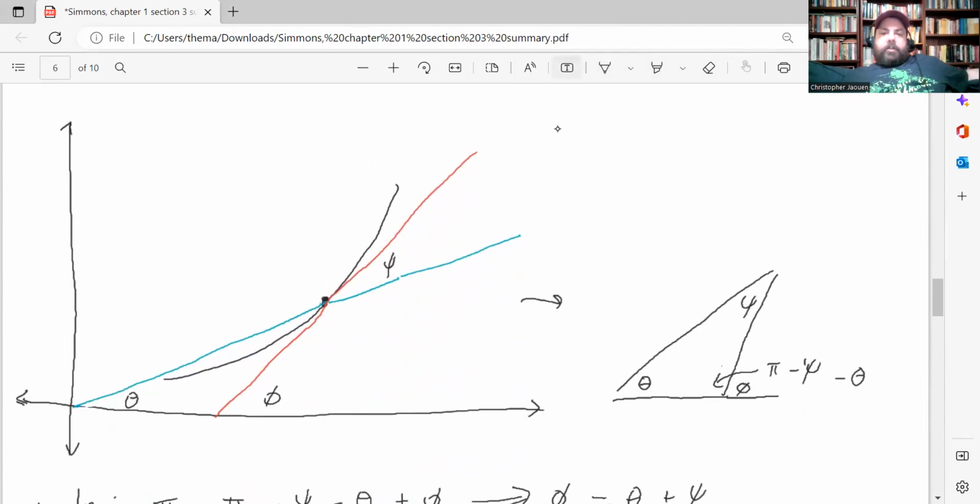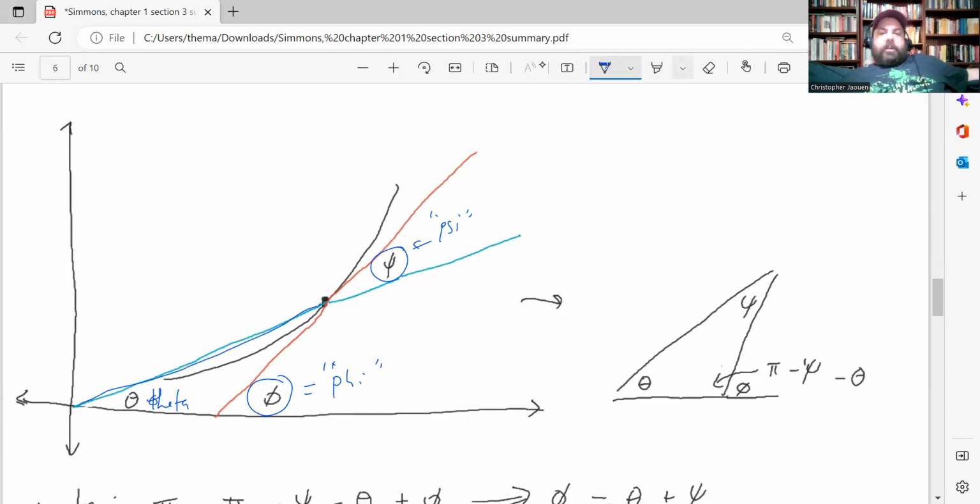This is the angle psi. Sorry, I'm getting my Greek mixed up. This is the angle phi, and this is the angle theta that the polar radius makes with the x-axis.